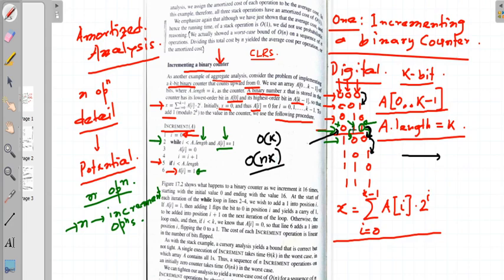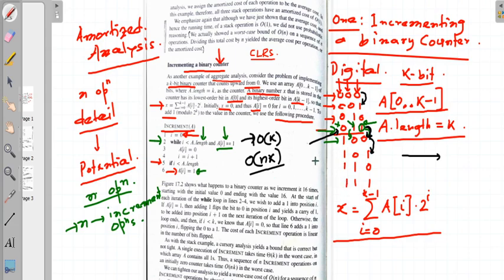But in that case we have assumed that this order of k cost is involved for all increment operations. But when we take a closer look, we see that very few are expensive and most of them are not expensive.